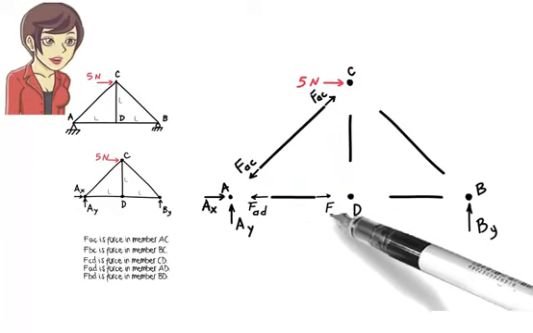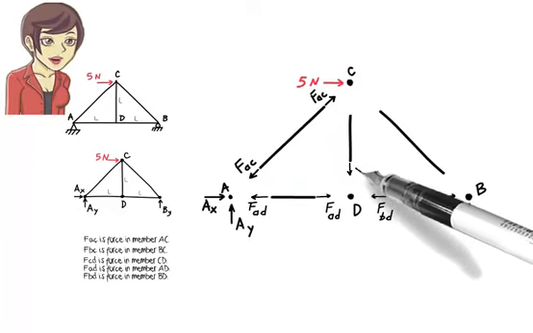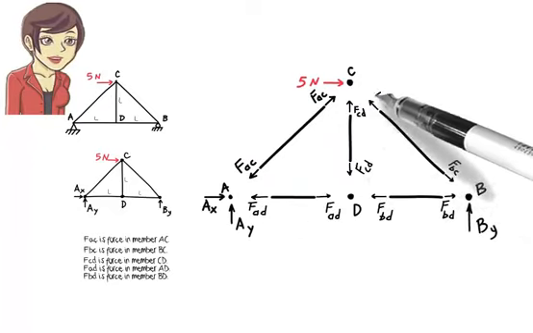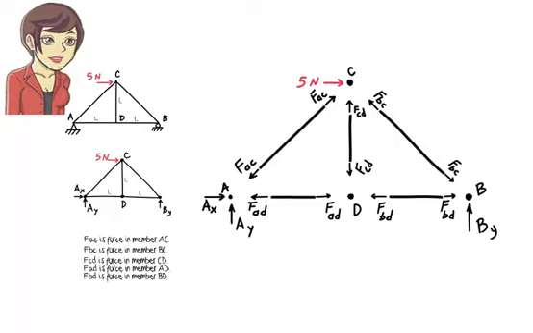I am going to draw the free body diagram for the other member segments in a similar manner. Each member is assumed to carry an unknown force. The member is assumed to be in tension.